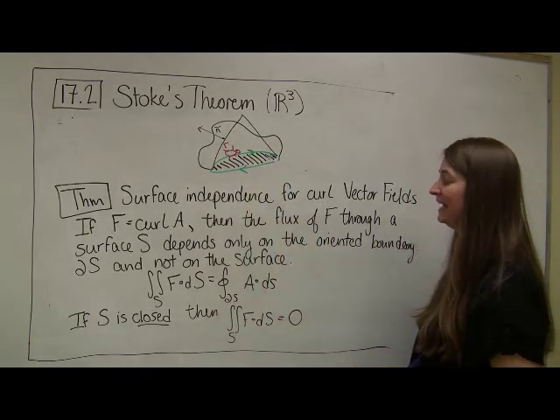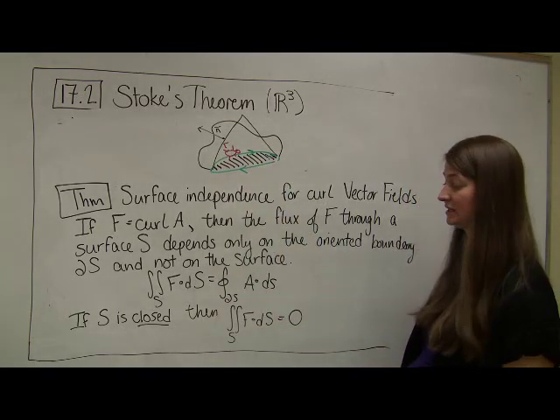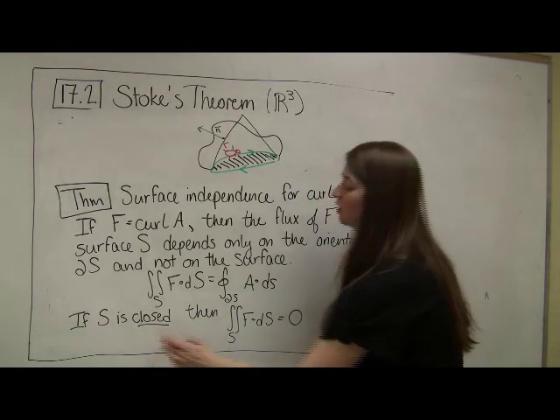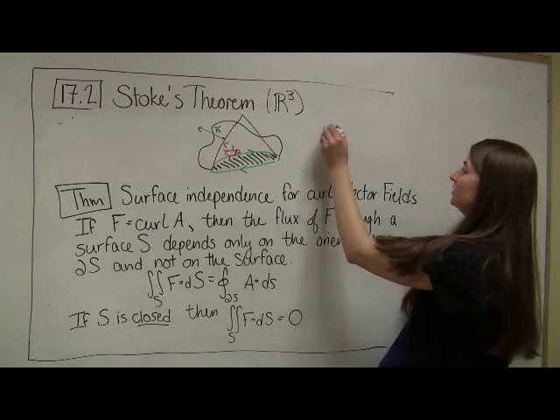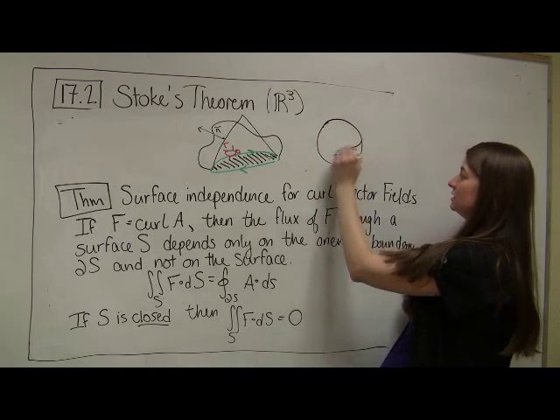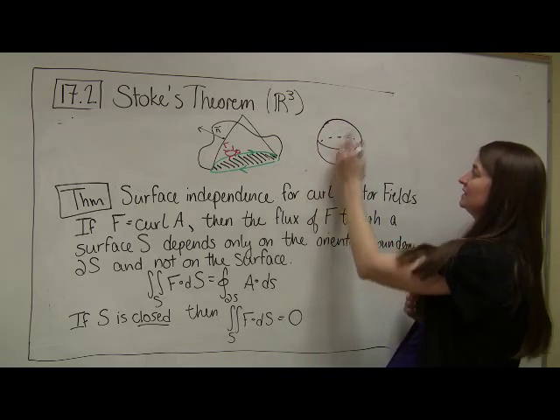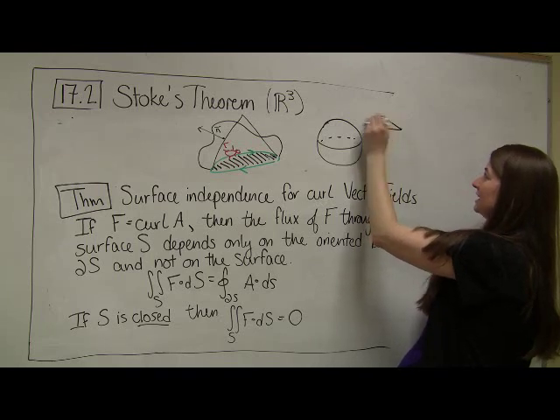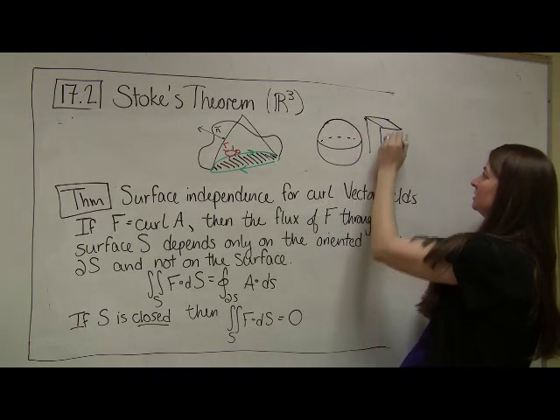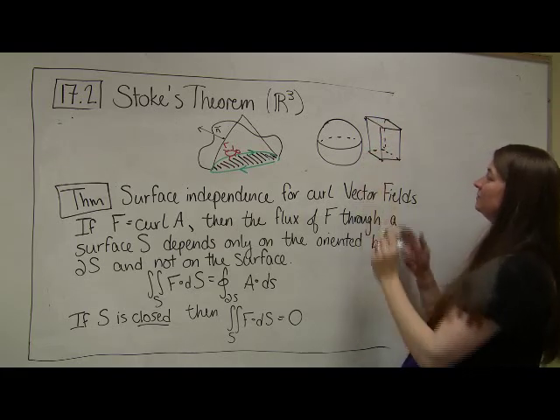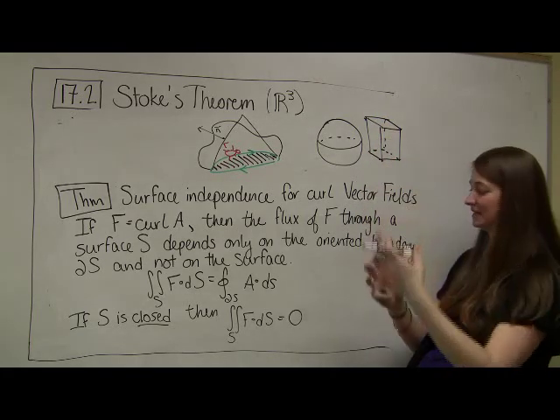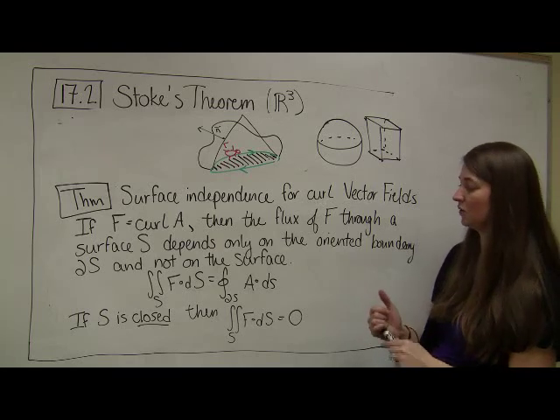In particular, and this is an interesting side point, if S is closed, so recall we had our closed surface that was a sphere. Anything that doesn't have any holes to be able to get from the inside to the outside, it doesn't have to be exactly a sphere, even a rectangular box, something like this where it had all of its sides, right? There wouldn't be any boundary because there's no way to get from the inside to the outside of that surface. There are no holes.